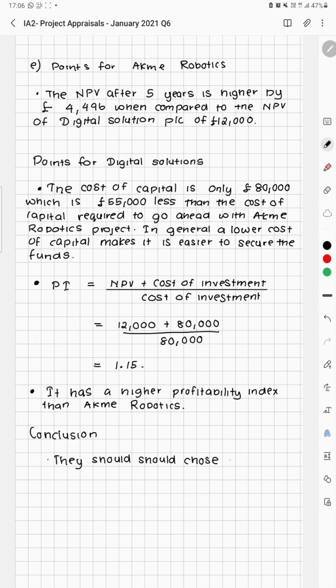They should choose Acme Robotics as it has a higher NPV after 5 years.